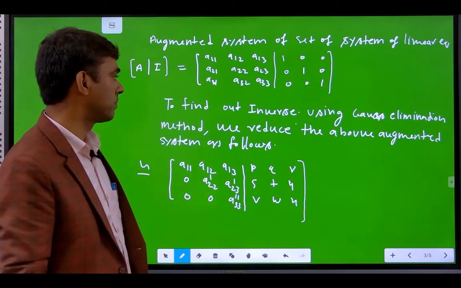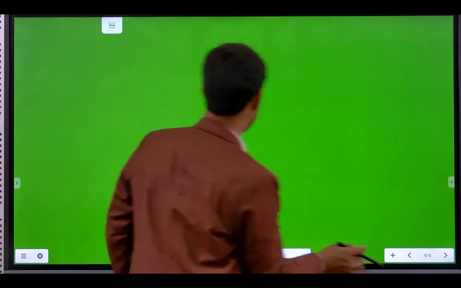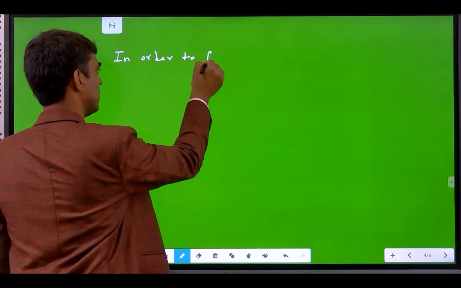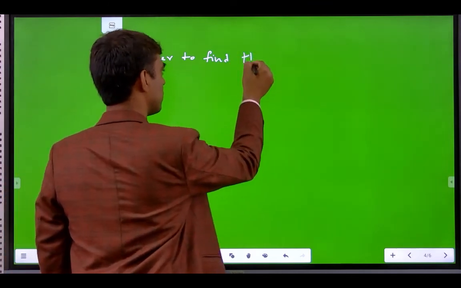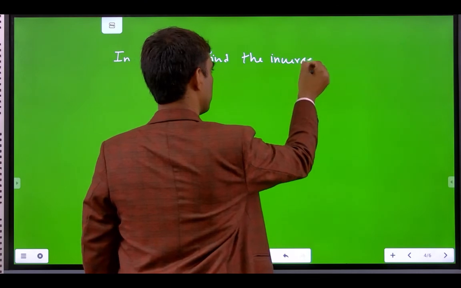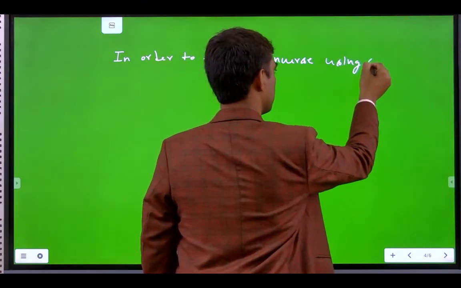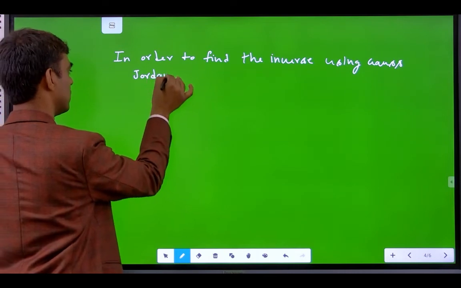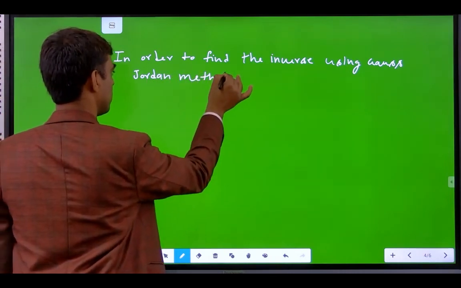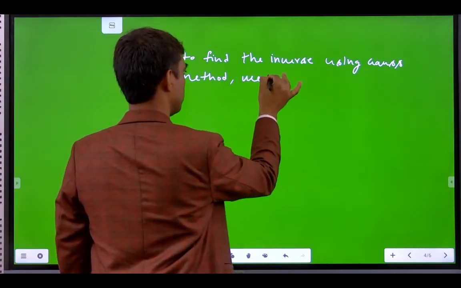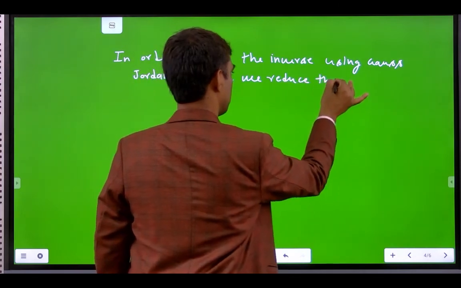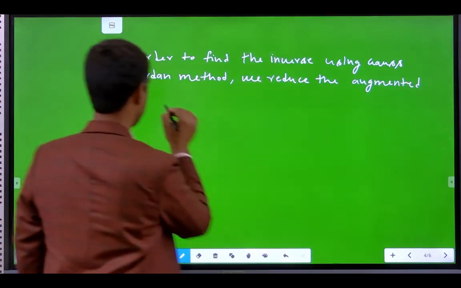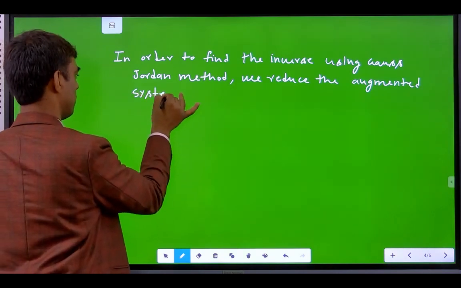To find the inverse using the Gauss-Jordan method, we reduce the augmented system as follows.